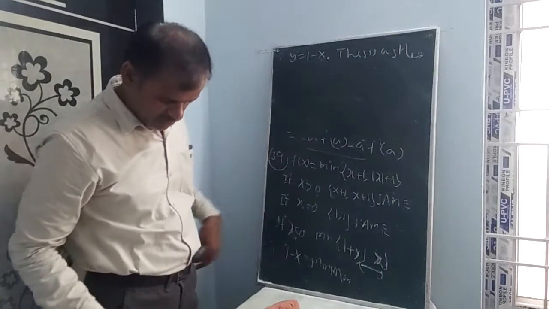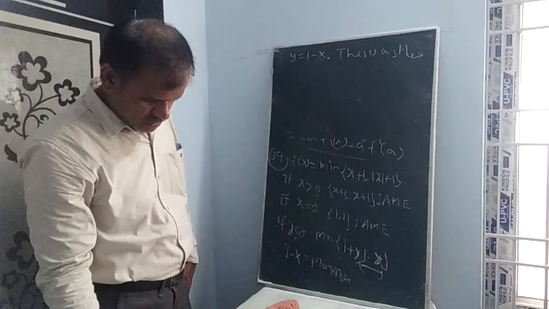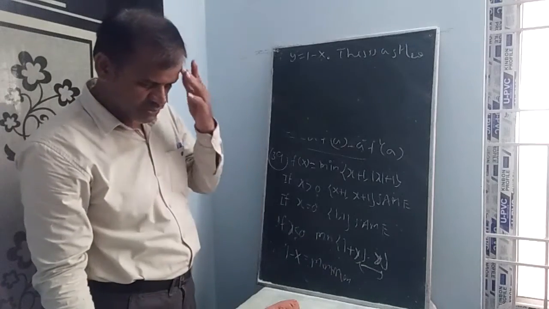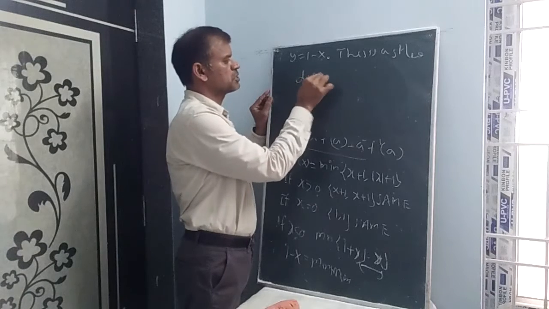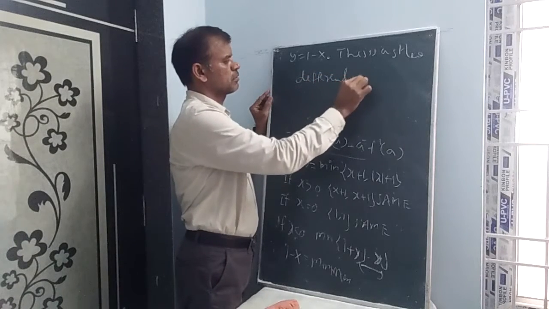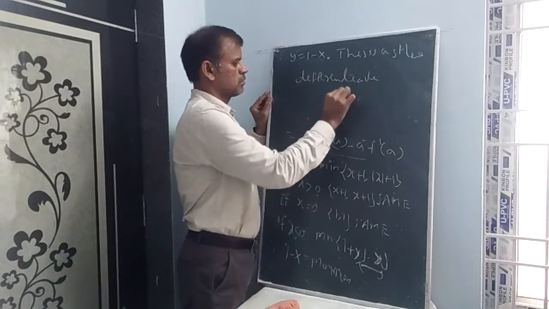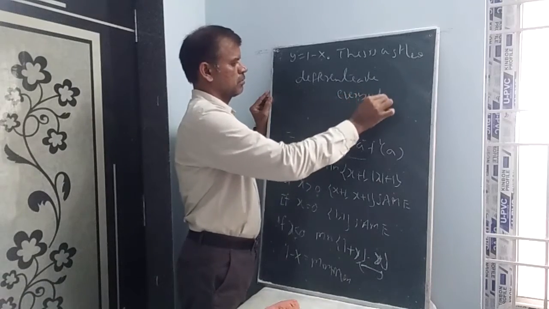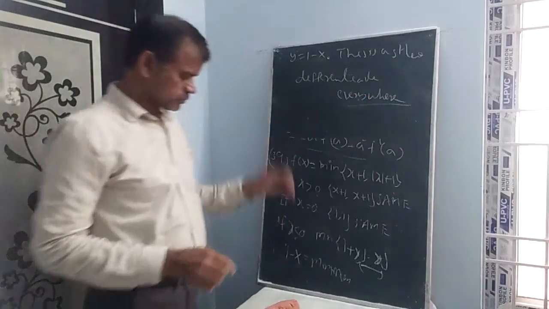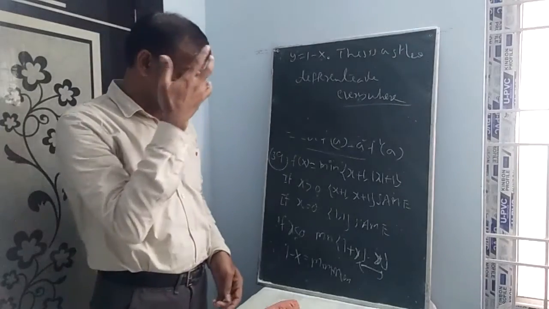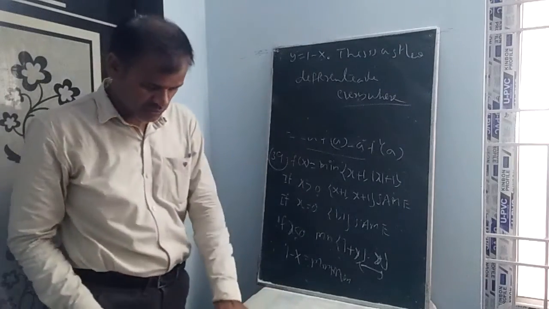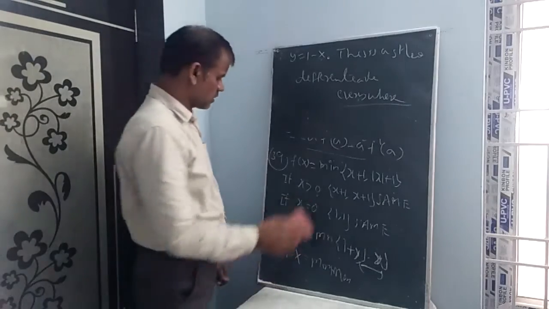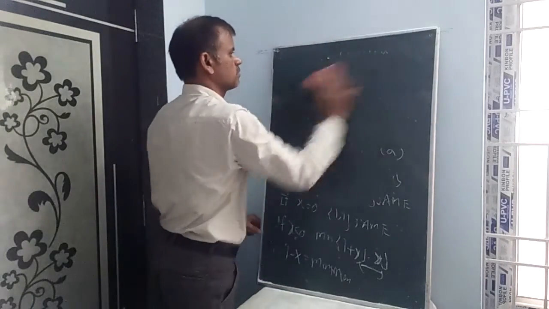So continuous everywhere. There is no question of discontinuity. So we can say differentiable everywhere. Whenever the function is differentiable, it is continuous also. Now 38 question.